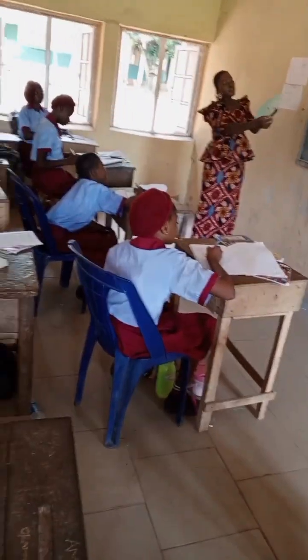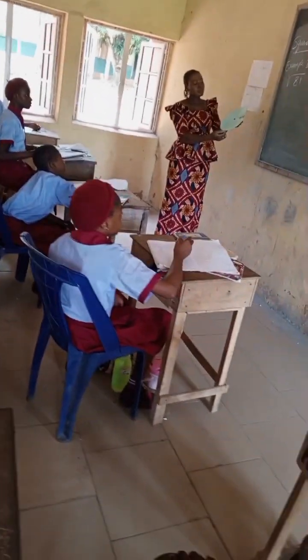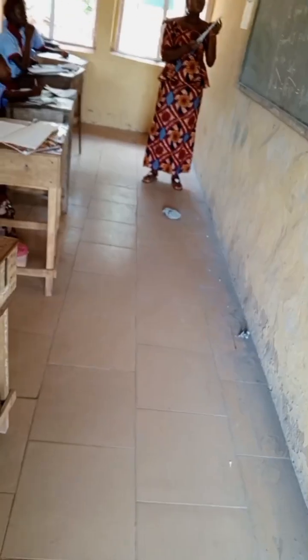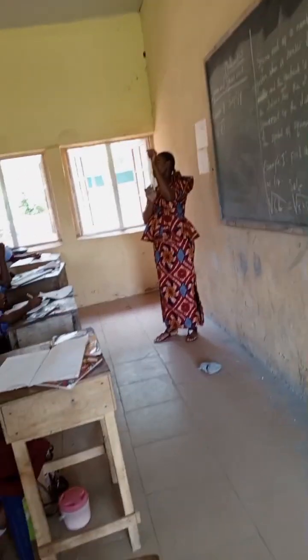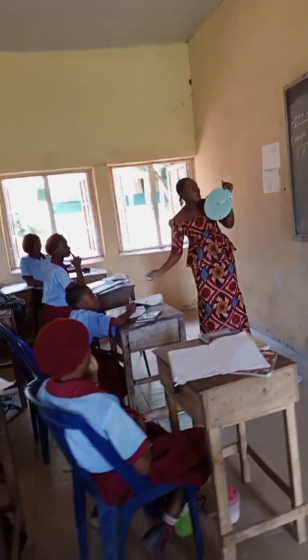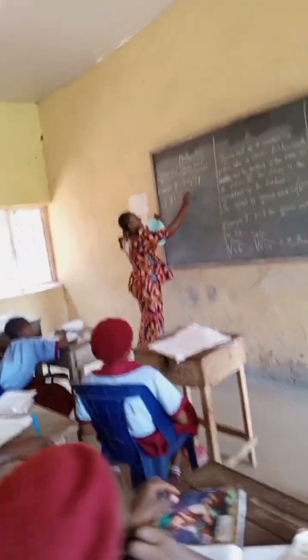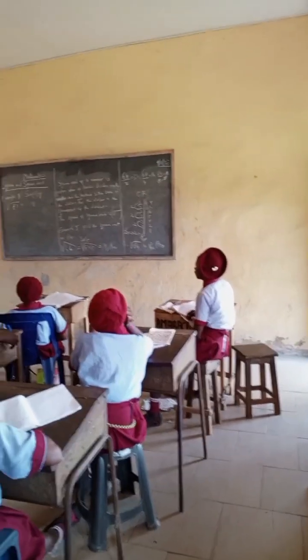So if you are asked to find the square root of 81, we look for 81. The square root of 81 is what? 9. The square root of 81 from our model is what? 9. Now, if you want to be sure that the square root is 9, can you solve it?